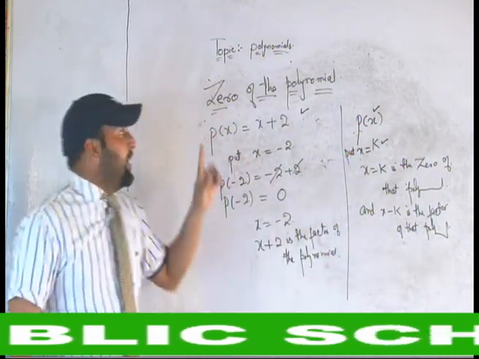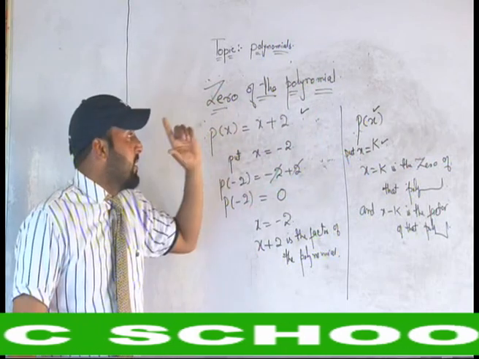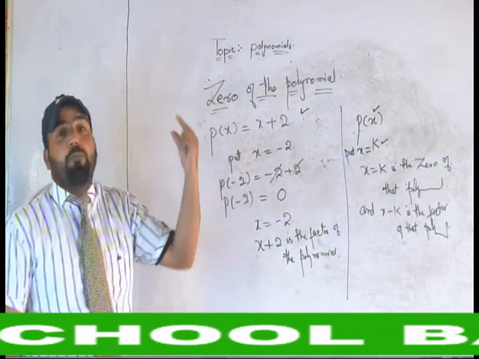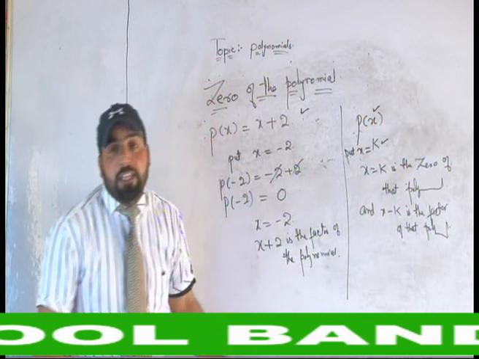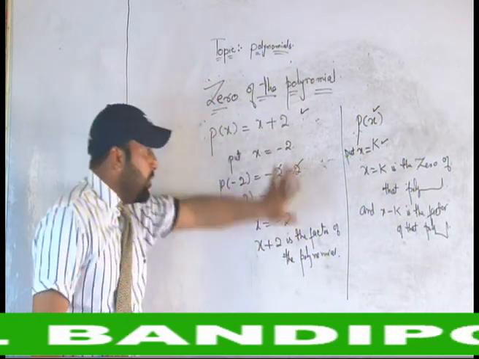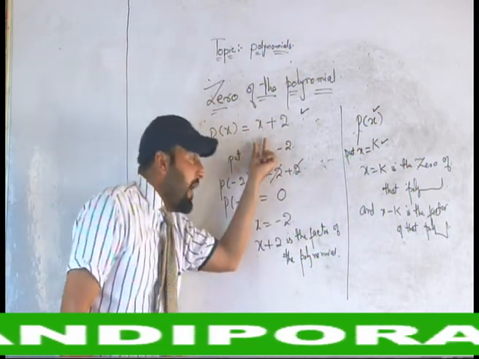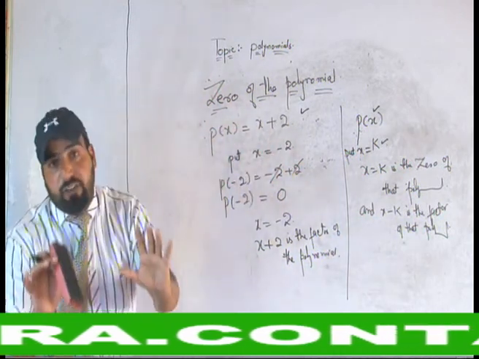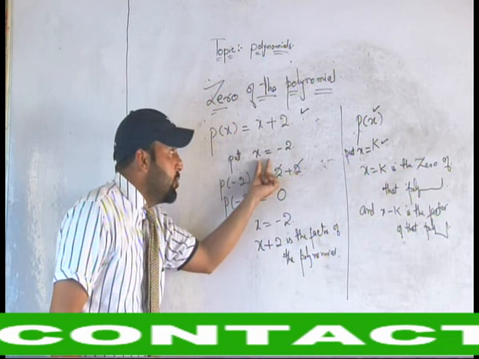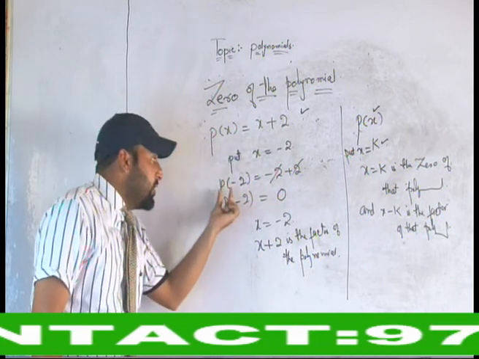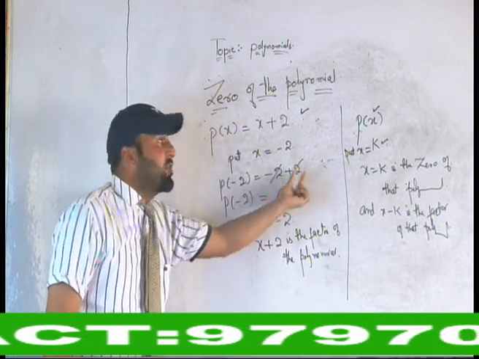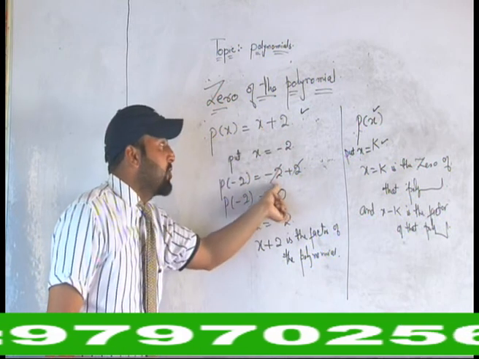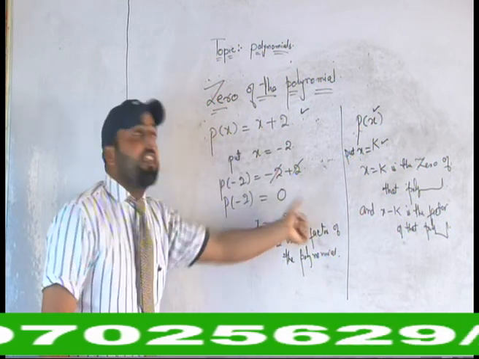Again, I am repeating the zero of the polynomial. Suppose we have the polynomial p of x equal to x plus 2. You have to substitute the value of x so that the value of this polynomial will be equal to 0. I have substituted x equal to minus 2. So p of minus 2 equals minus 2 plus 2, that is equal to 0.